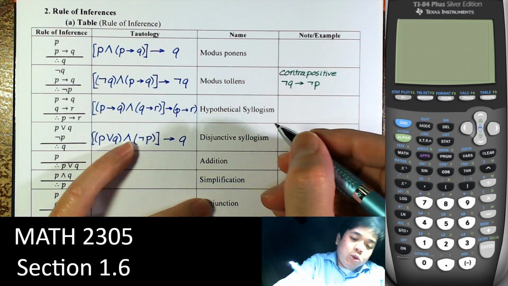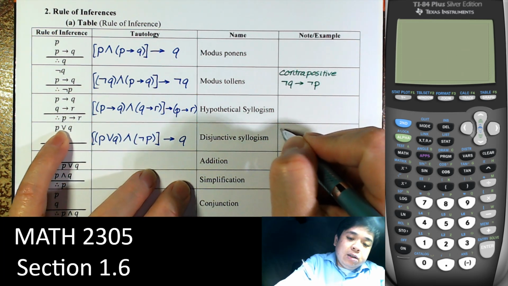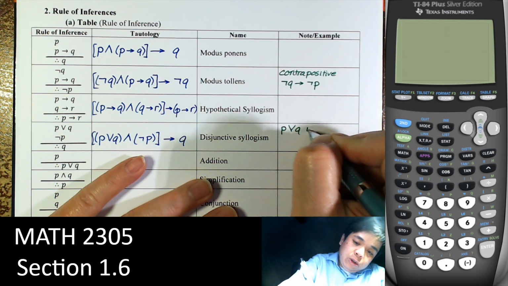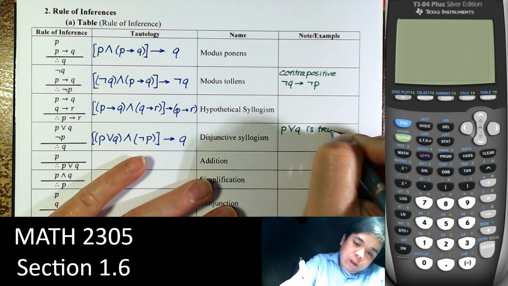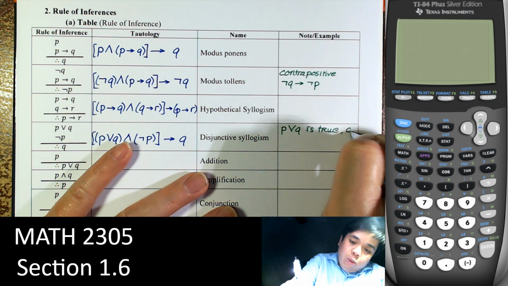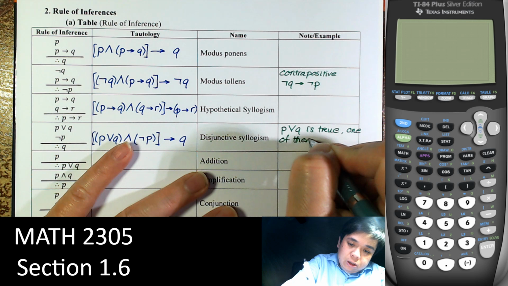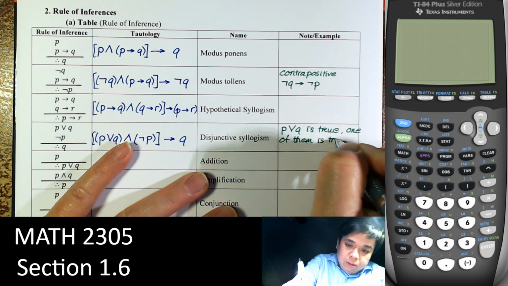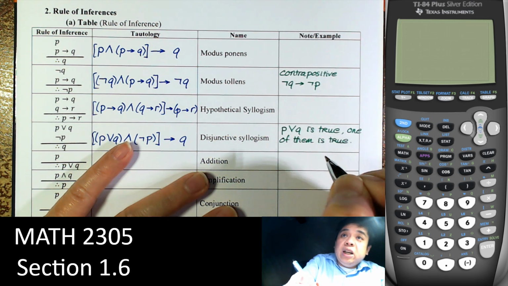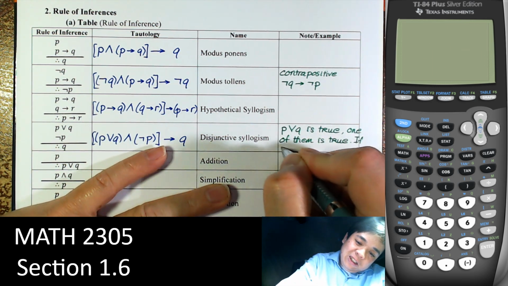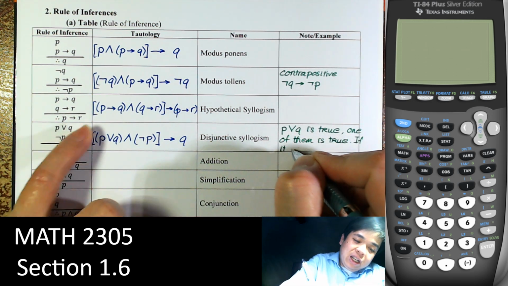The note I want to write here is: P or Q is true. One of them must be true. If it's not P, it has to be the other.